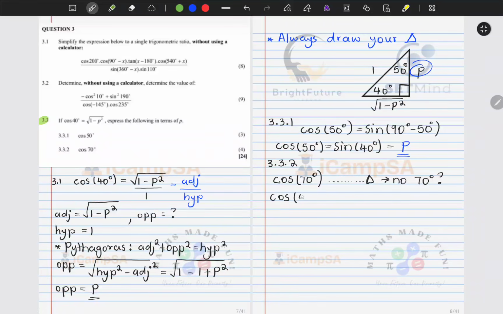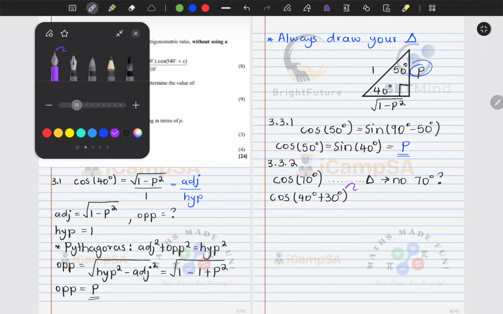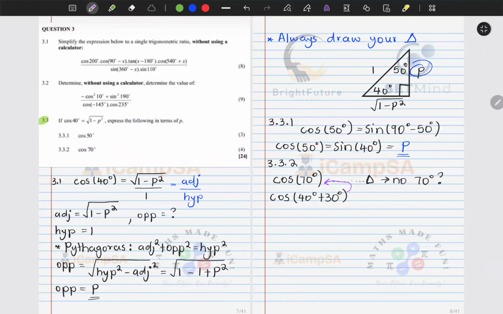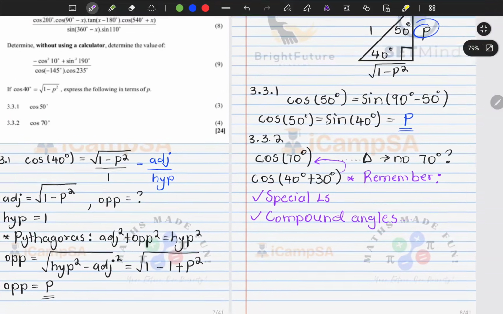So if we say cos of 40 degrees plus 30 degrees, you will see that this one here works out. So what are you going to need? I need you to remember two things. The first thing I need you to remember is your special angles. Then the second thing is your compound angles, because we will need them here.